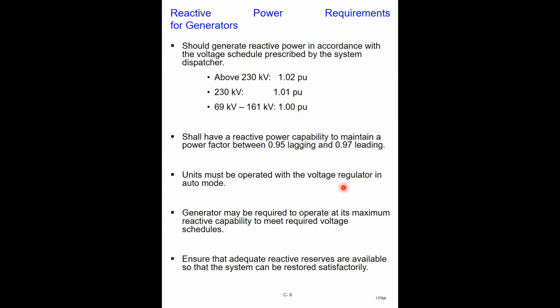And they should also be required to operate to the maximum reactive power capability so that the desired voltage can be met, right? And also it is said that we may have some reactive resource to be ensured. That is another part here.